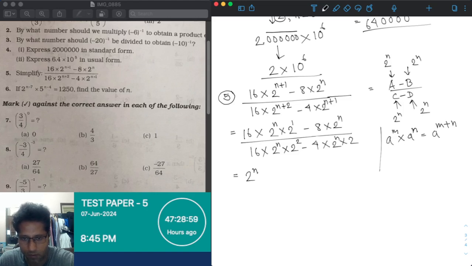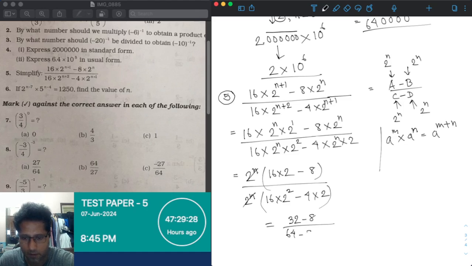If I take 2 to the power n common, I get 16 into 2 minus 8. From the denominator, if I take 2 to the power n common, I get 16 into 2 square minus 4 into 2. So 2 to the power n cancels out, and we are left with 32 minus 8 divided by 64 minus 8.